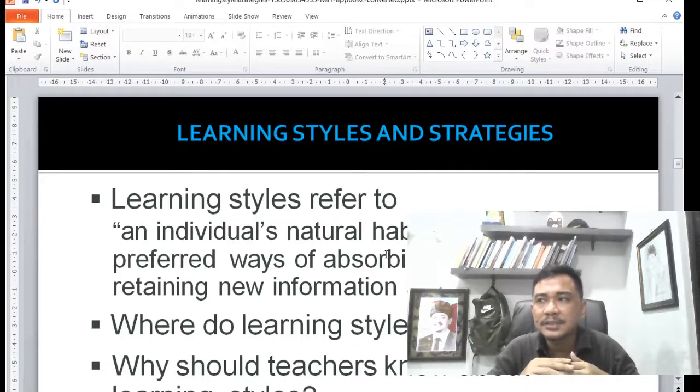Processing means someone is speaking in front of you, providing so much information, and you have your way of processing it, maybe with your comprehension and understanding. After processing the information, there is retaining, which means finally you get the essential things from the process.